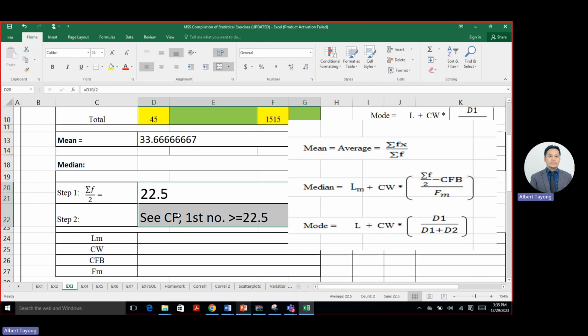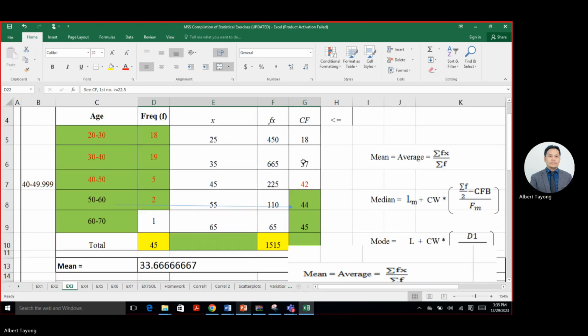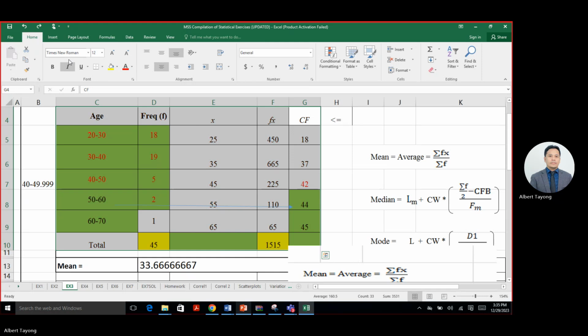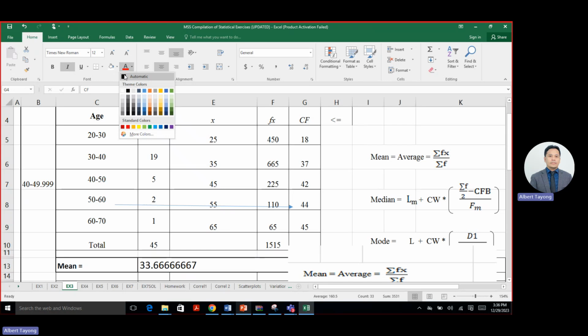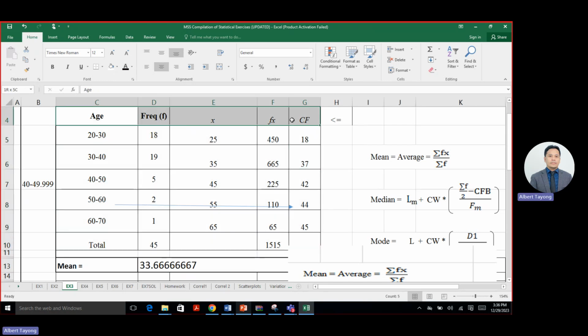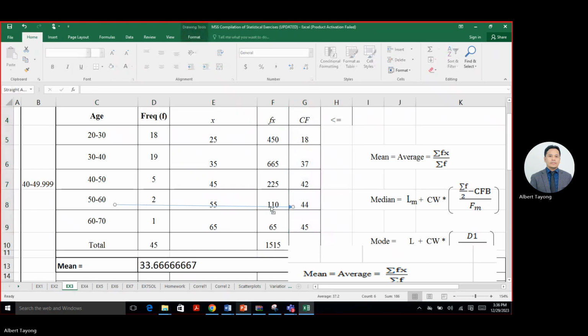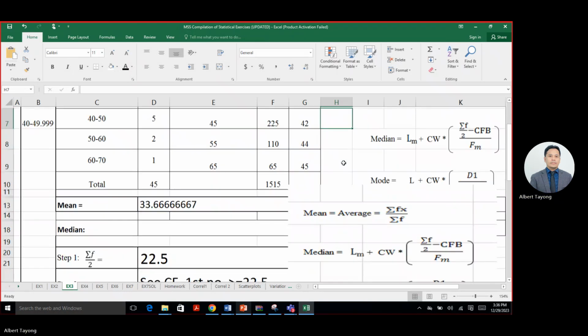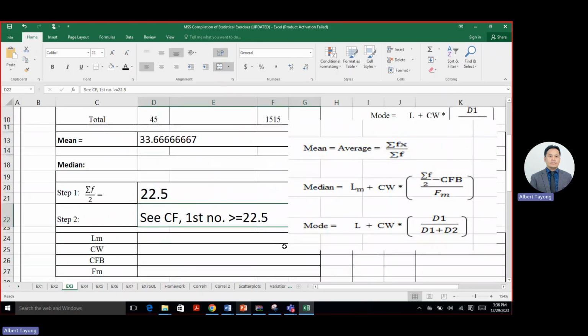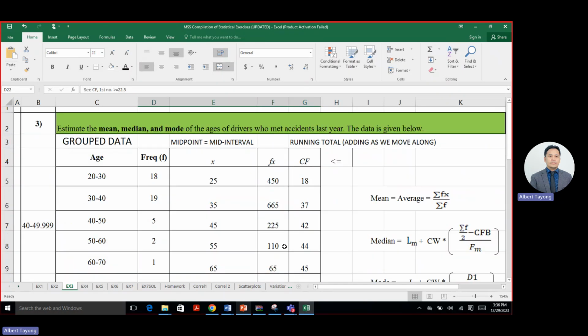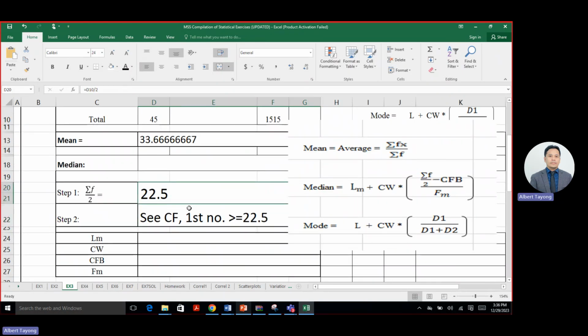So it means that we have to look at our CF. This is our CF column. Let's remove these colors. Let's look at our CF column and identify the first number greater than 22.5, because we don't have equal to 22.5.